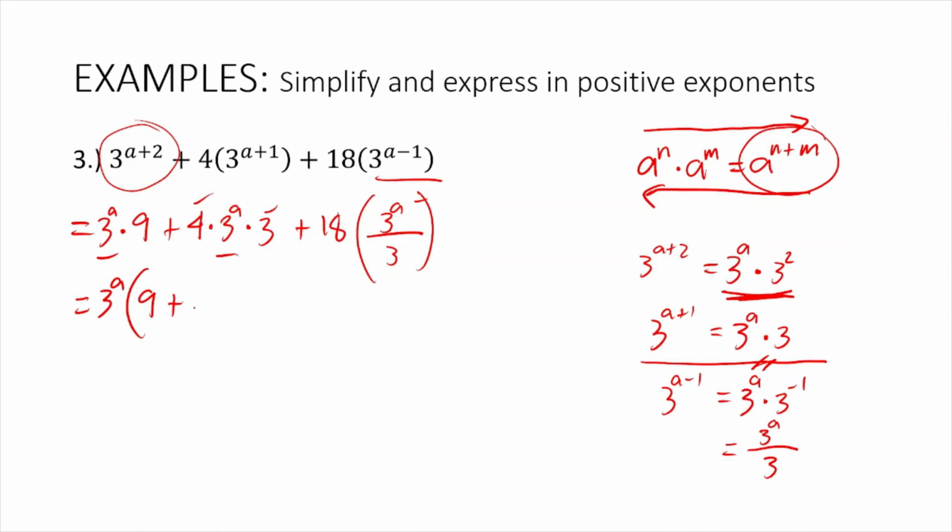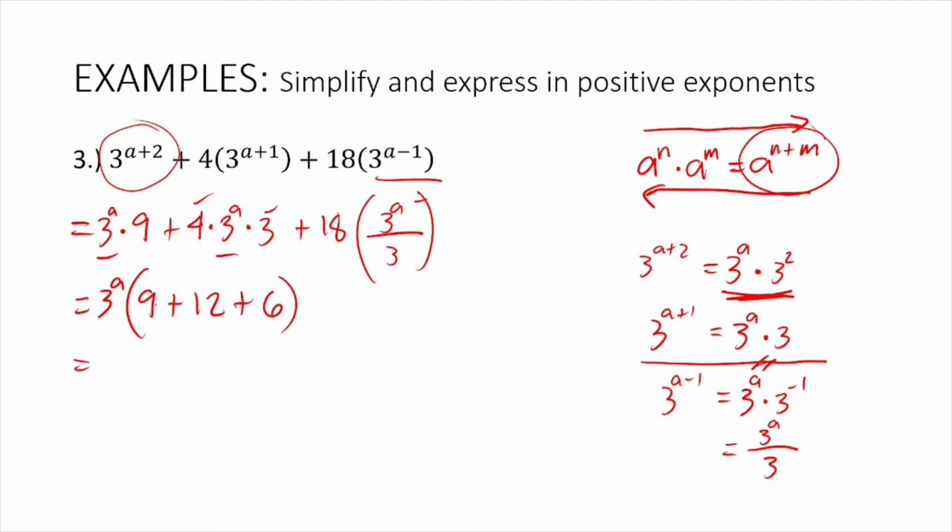So 4 times 3 is 12. Plus, on the last term, we are left with 18 times 1/3, or 18 divided by 3, which is 6.